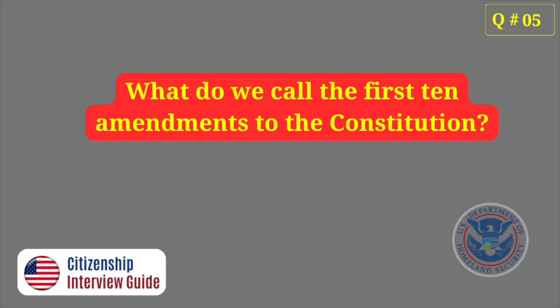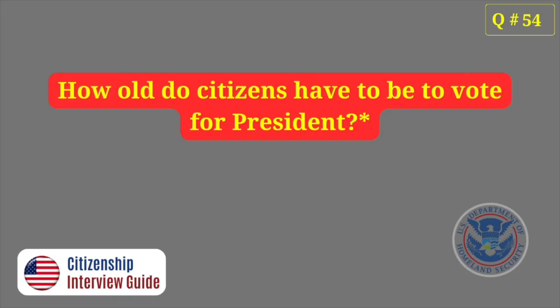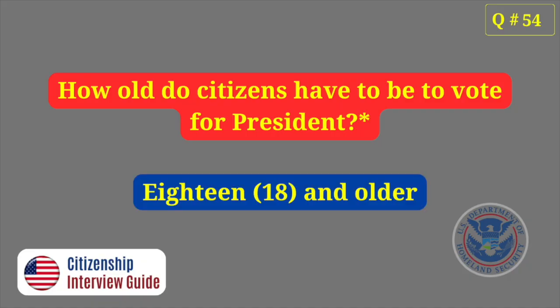What do we call the first 10 amendments to the Constitution? The Bill of Rights. How old do citizens have to be to vote for president? 18 and older.